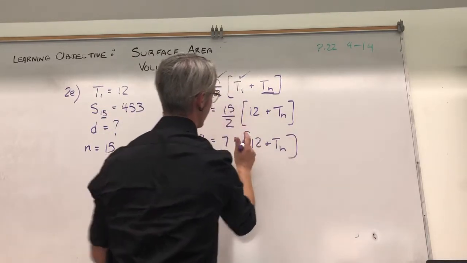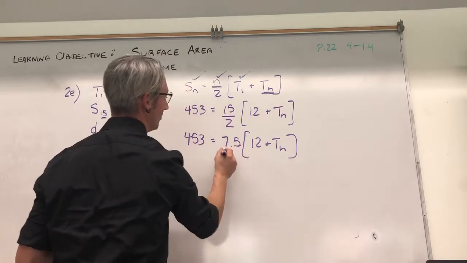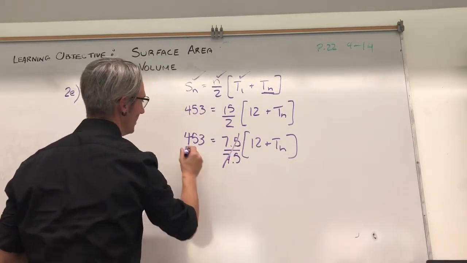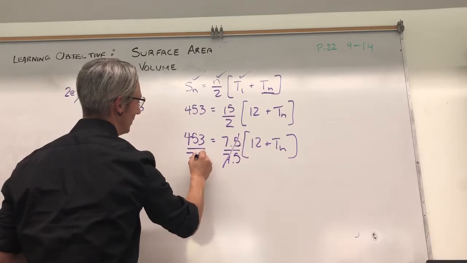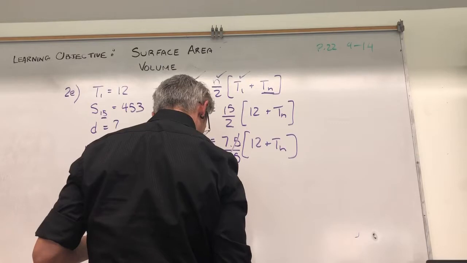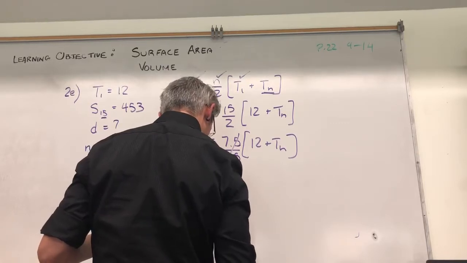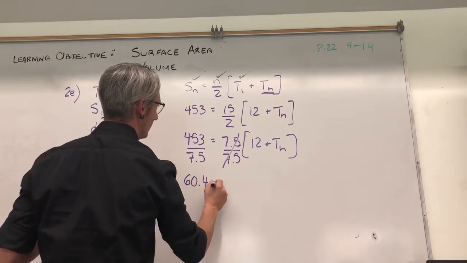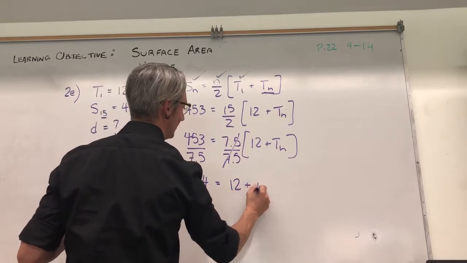It's in the bracket, so it's together right now. But the 7.5 is on the outside being multiplied, so I can do the opposite. 453 divided by 7.5 is 60.4. So 60.4 is equal to 12 plus tn.